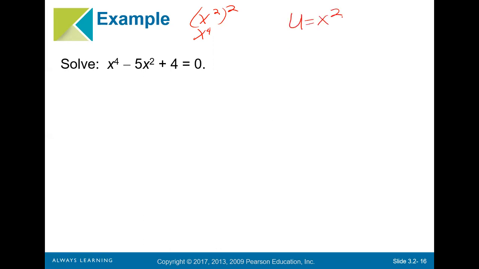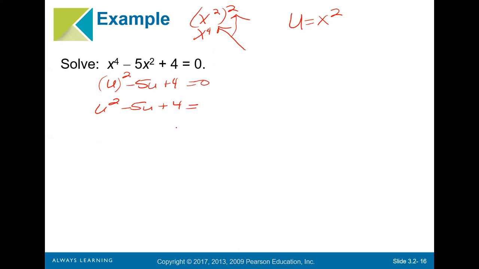And if I do that, let's rewrite it. That means I will have this, because I'm letting u go in the place of x squared, and I broke down x to the 4th to x squared raised to the square. Okay, I made it more doable.